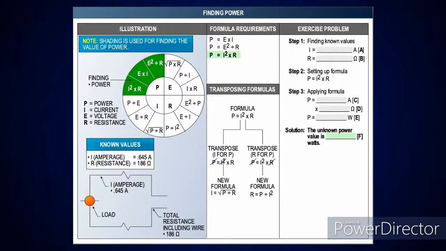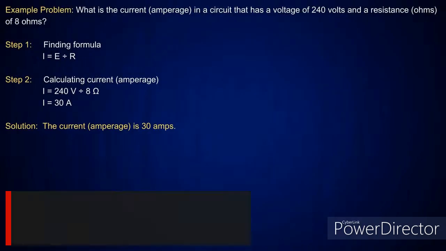If you look, P is over E. So P is divided by E. E is over R. So R is divided into E. The only thing that happens different here is P is over R, but they're going to have you do the whole thing and then square it up at that point. That's the only difference in finding the amperage, but everything is still the same. And we're sticking with the exact concept that I've been talking about.